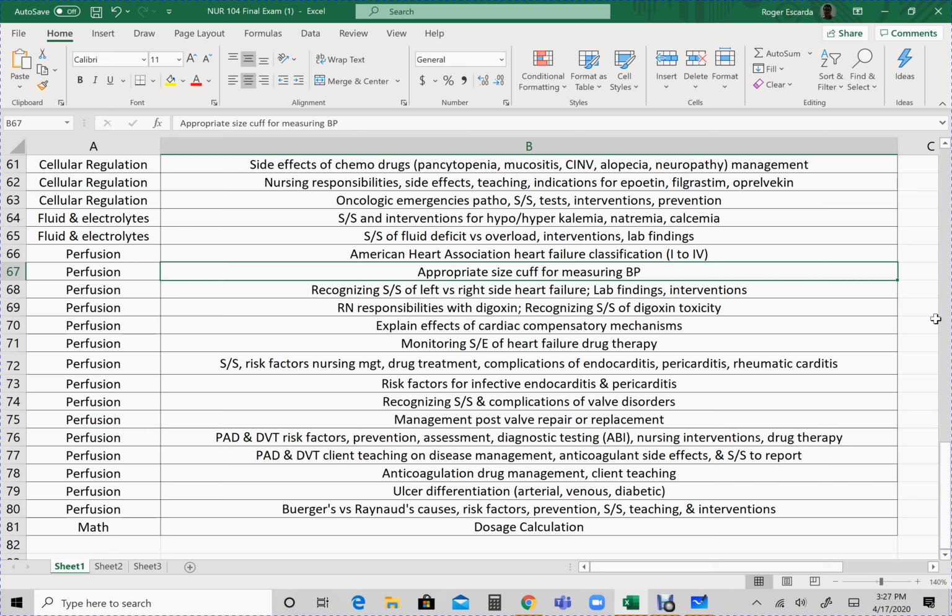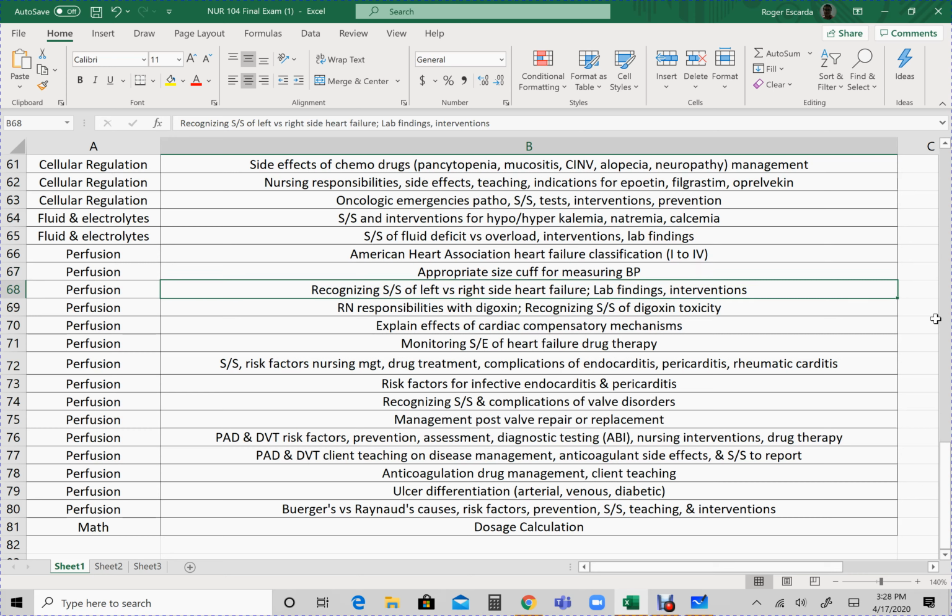We did have this question already on exam 2, the size for the blood pressure cuff, so you have a similar question on that. I think this time it may be the effect of using the wrong size. Okay, so you can still get that answer from your Potter and Perry, same as in exam 2.